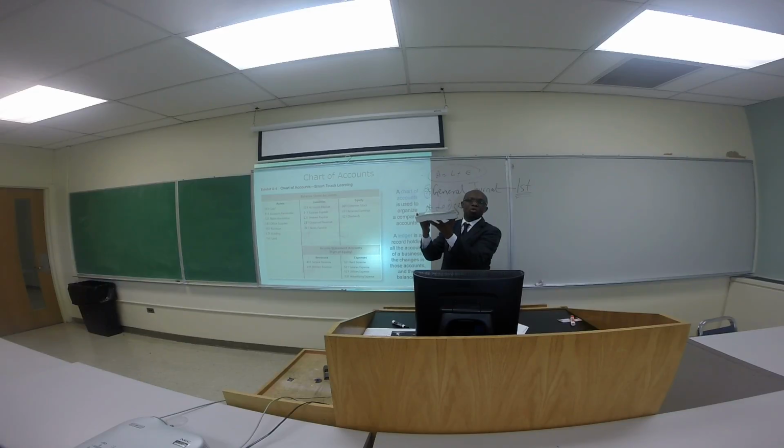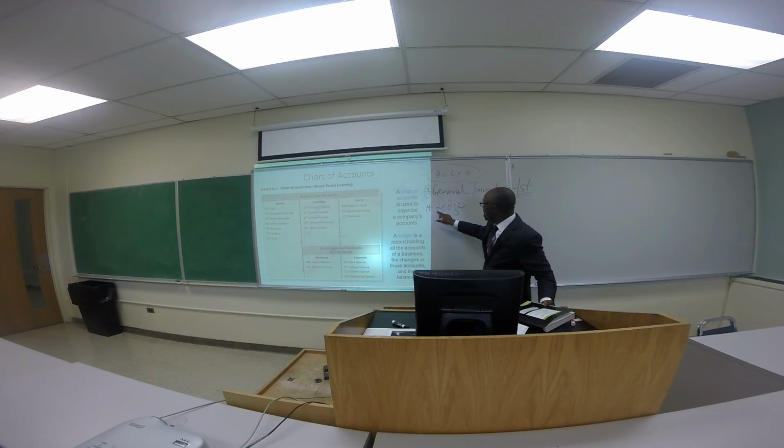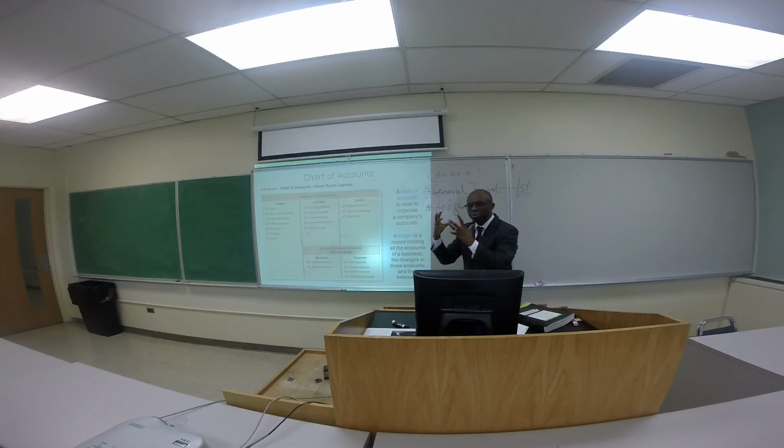So you have this big book with 2,000 pages, one page for each customer. So we call this customer's ledger. So a ledger is an accounting book that keeps track of different accounts on each page. In other words, each account is the detail or the increases and decreases of a particular account. All those increases and decreases are kept on a particular page. So we call that the ledger.